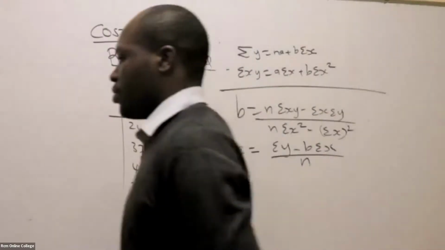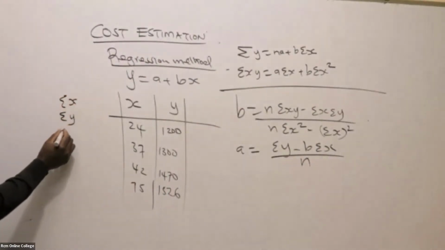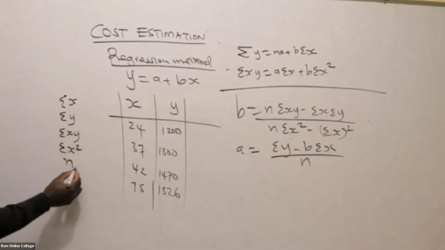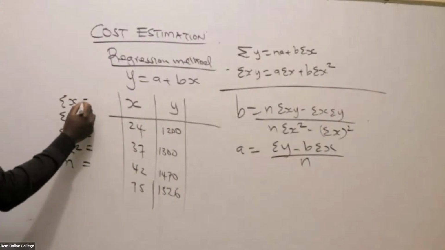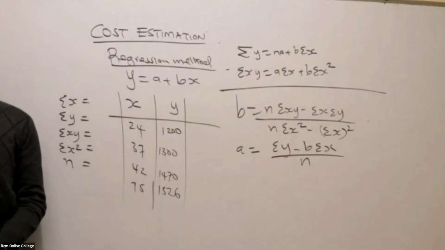So it means you must be having summation of x, summation of y, summation of xy, summation of x squared, and of course you must be having n somewhere. That is what you are required to do at this level.